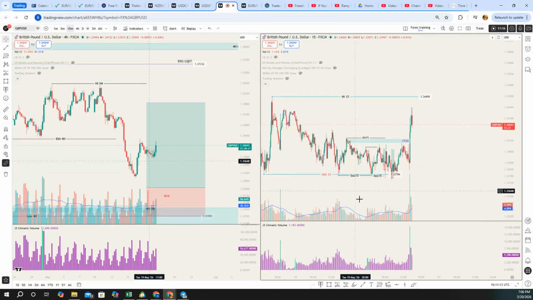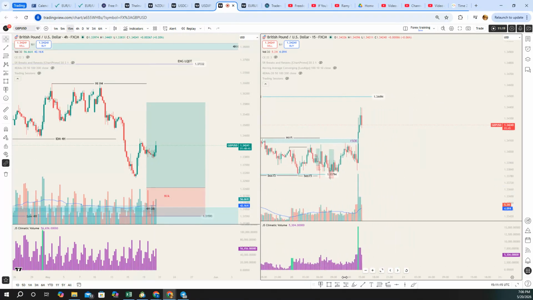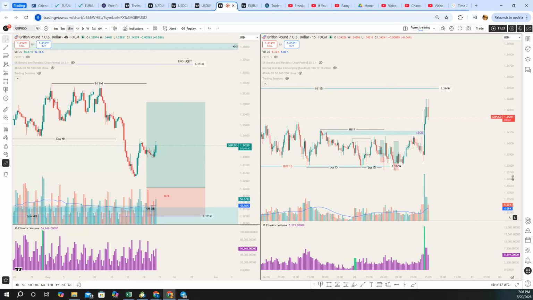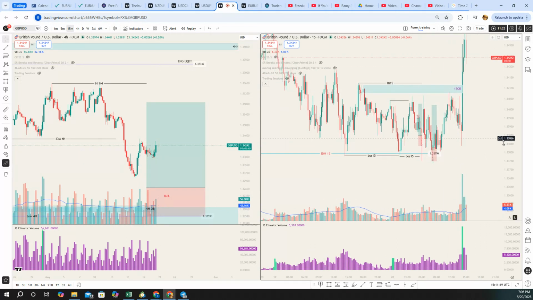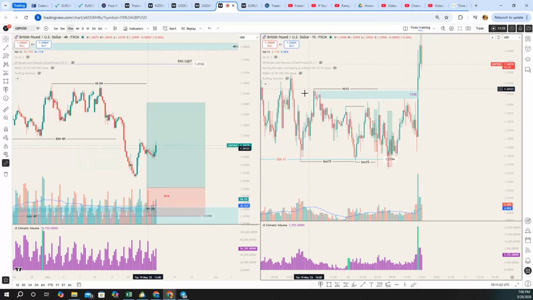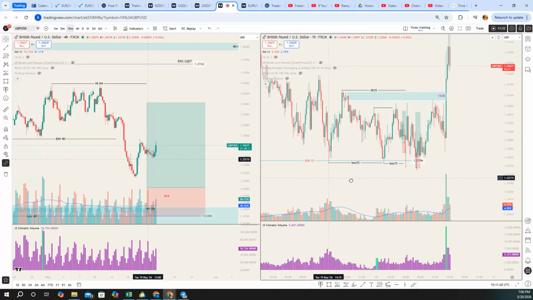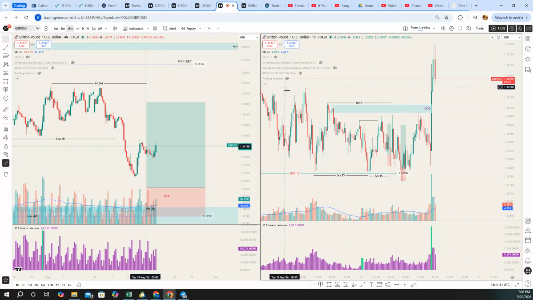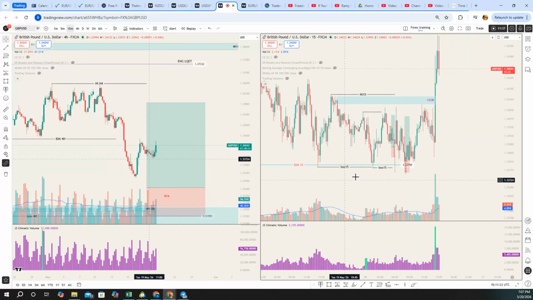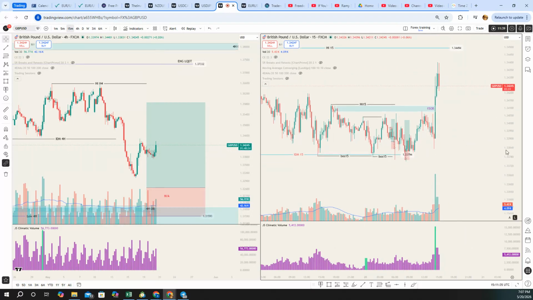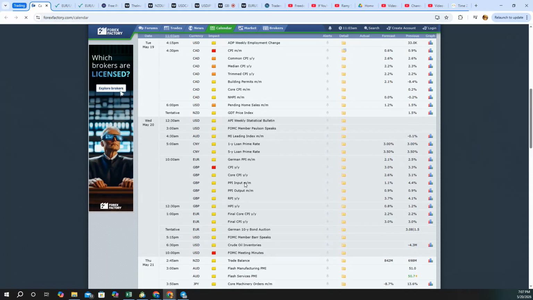And in the internal structure, it was going up and down, gathering liquidity in a range. So this behavior made, and I guess there wasn't at that time.